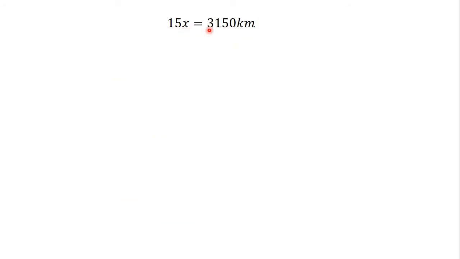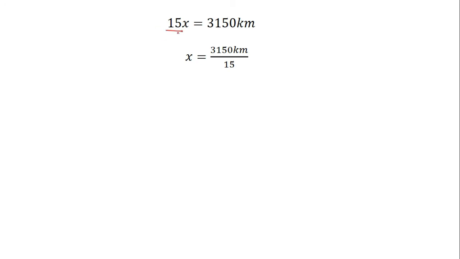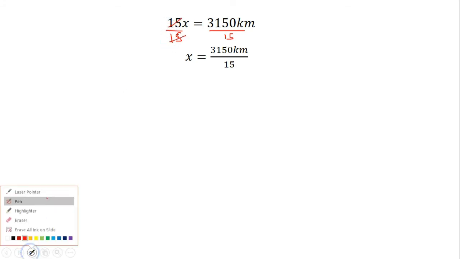So we have 15x is equal to 3,150 kilometers. To find x, we divide the left hand side by 15, we divide the right hand side by 15. Now you see that 15 and 15 will cancel each other out.